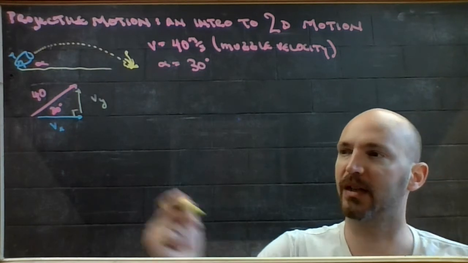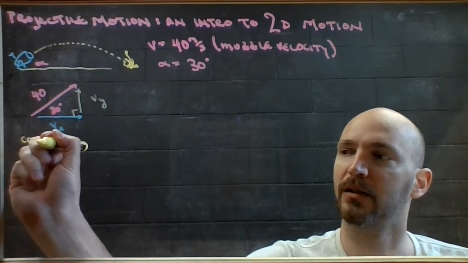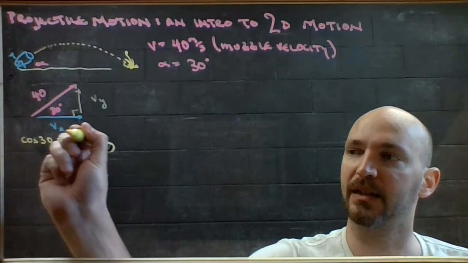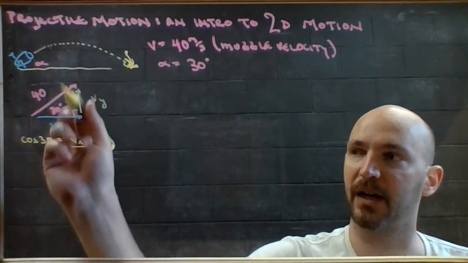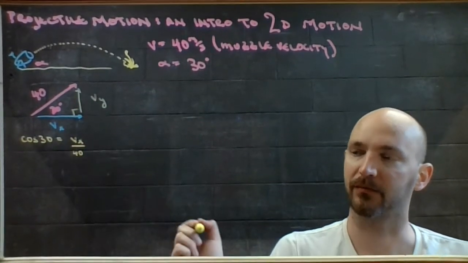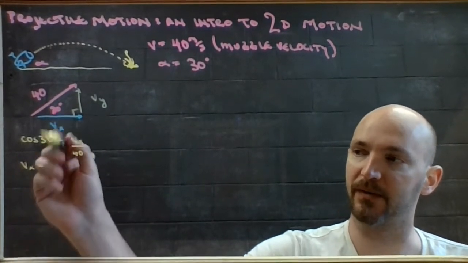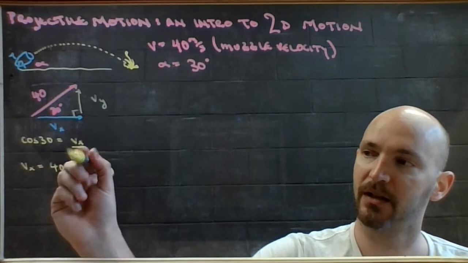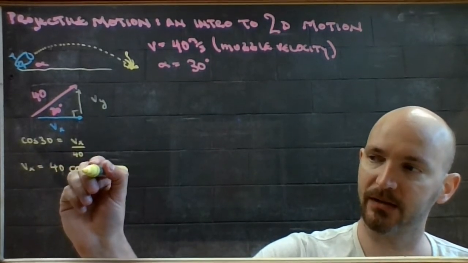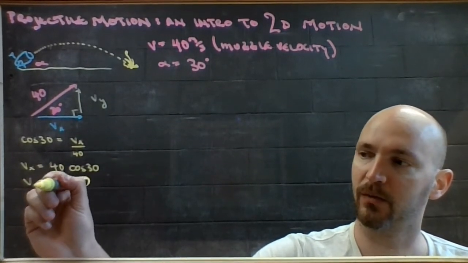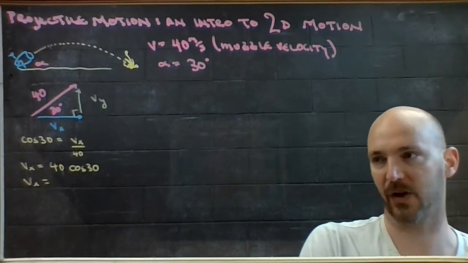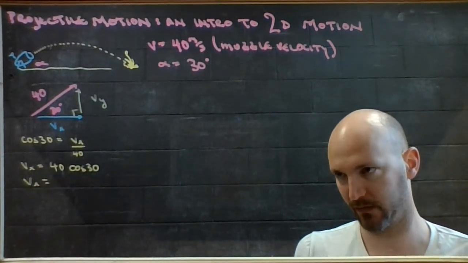So the cosine of 30 should be the adjacent side divided by the hypotenuse, which means that the horizontal component of the velocity would be 40 multiplied by cos 30, which is approximately, cosine of 30 should be root 3 over 2.